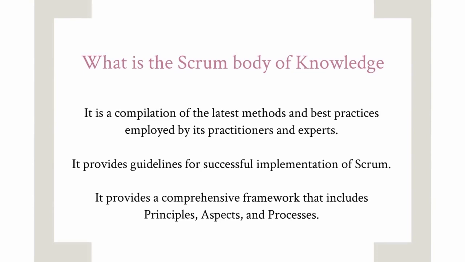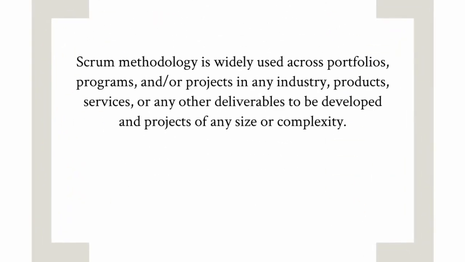Now that we know what Scrum and A Guide to the SBOK are, let us see the applicability of Scrum as defined in A Guide to the SBOK. Scrum framework is widely used across portfolios, programs, and/or projects in any industry, for products, services, or any other deliverables to be developed, and projects of any size or complexity.